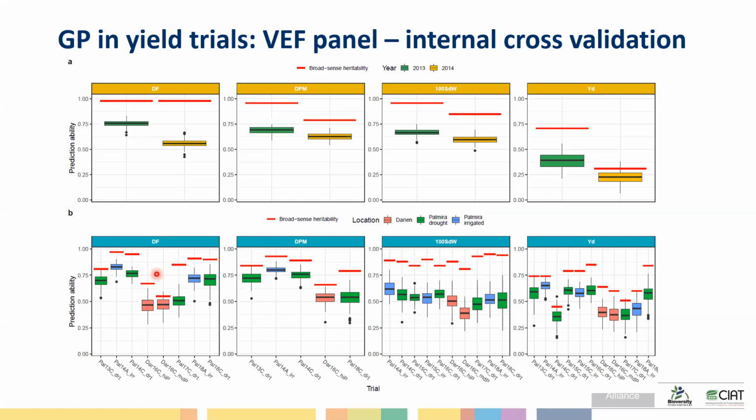However, for complex traits such as yield and seed weight, the prediction was lower, with an average between 0.3 and 0.6. This is a trend that was observed in both populations.